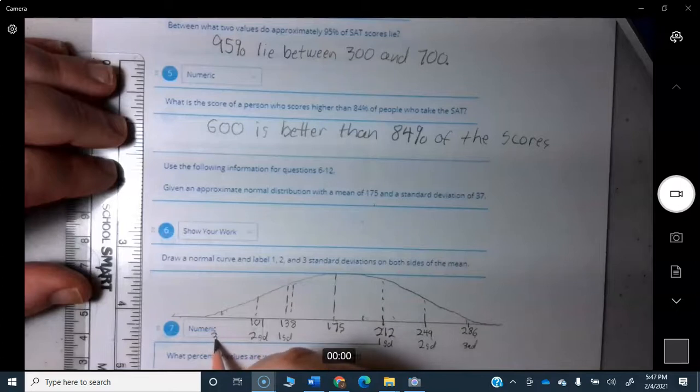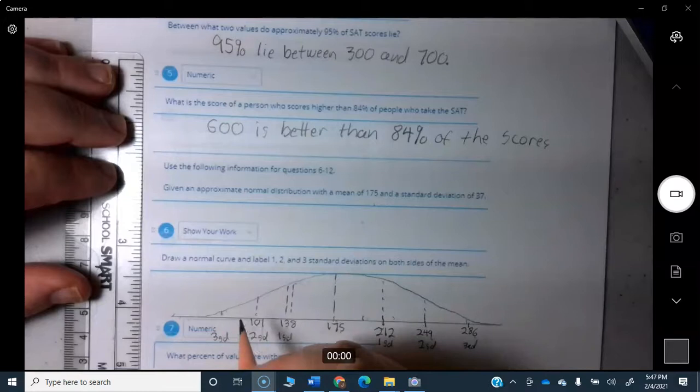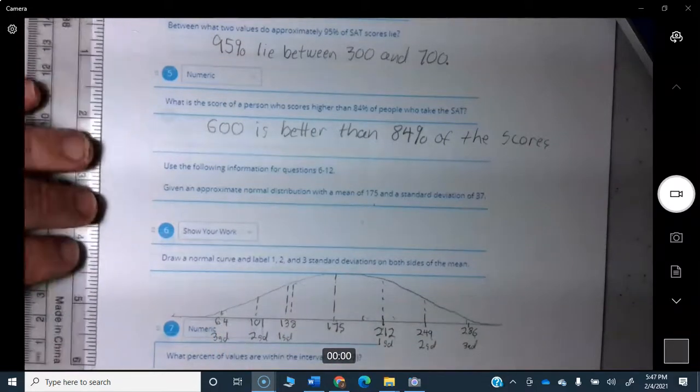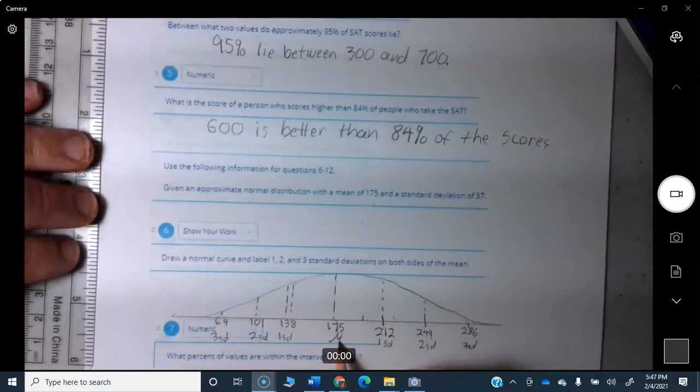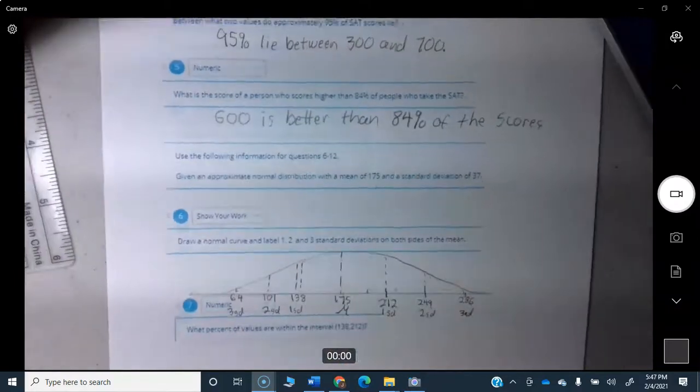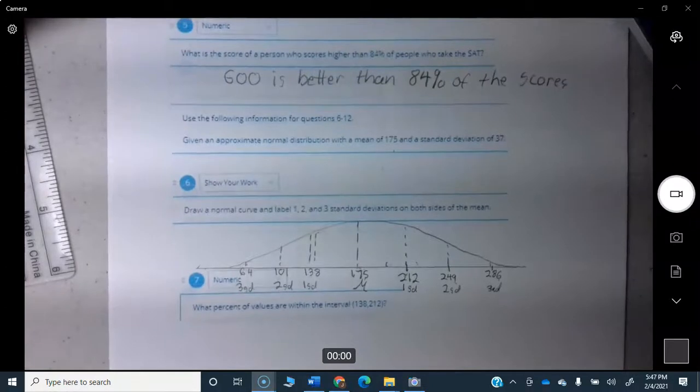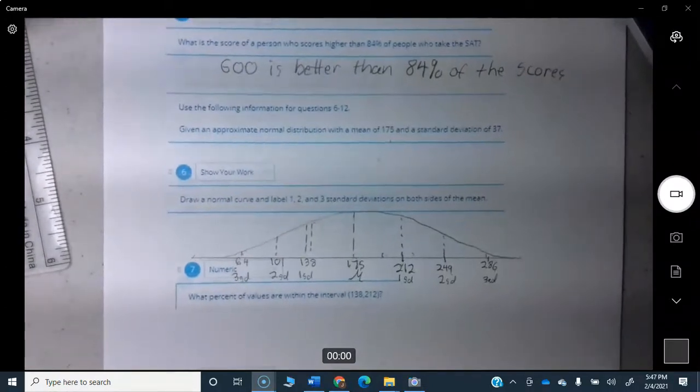And 3 standard deviations is 101 minus 37, which is 64. And then this is the mean, mu. So there you've done what they asked you to do, and we labeled the 1, 2, and 3 standard deviations.